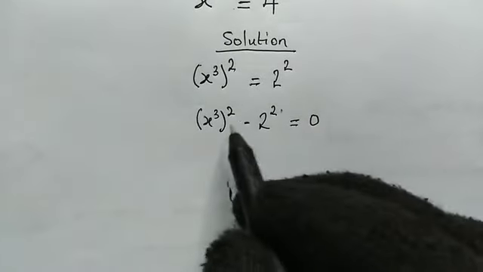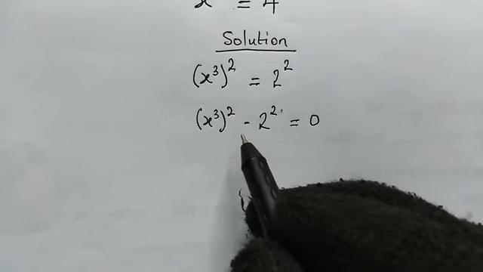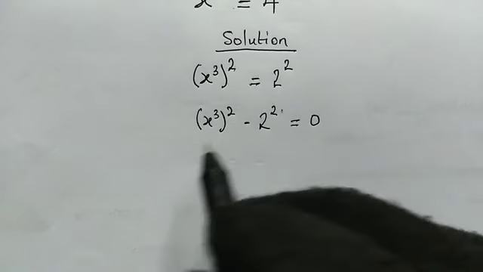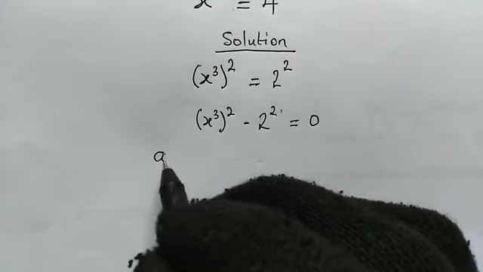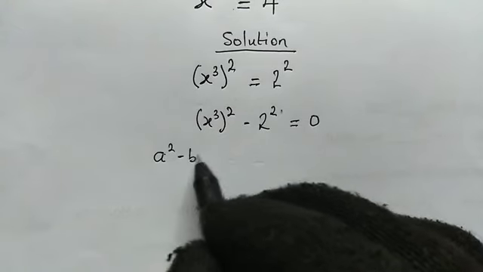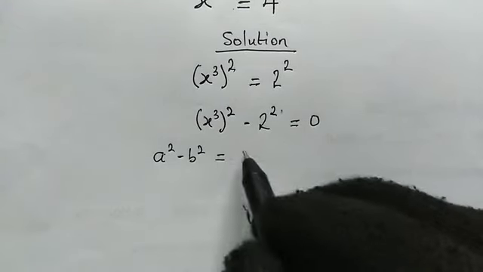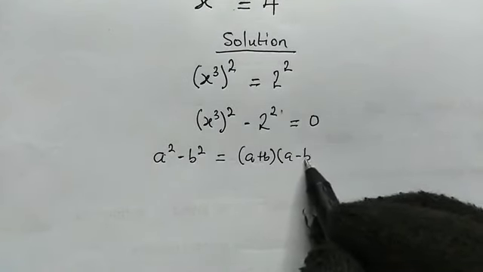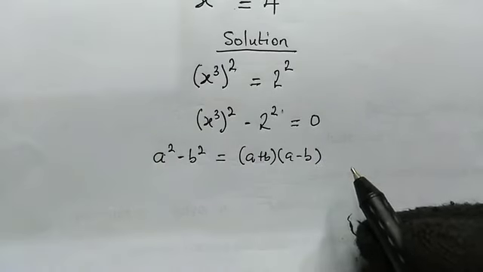Now carefully looking at the left hand side of this equation, we can easily realize that we have the difference of two squares, right? Now let us recall this. A squared minus b squared is equal to a plus b multiplied by a minus b, right?